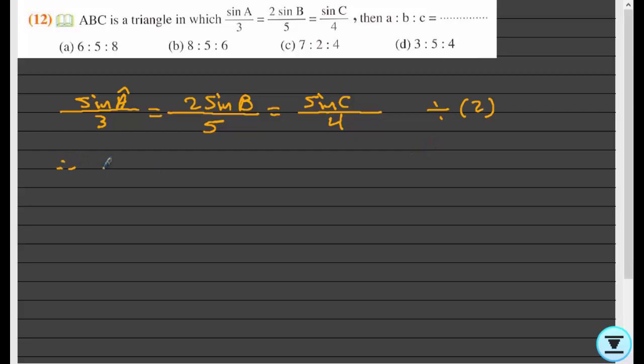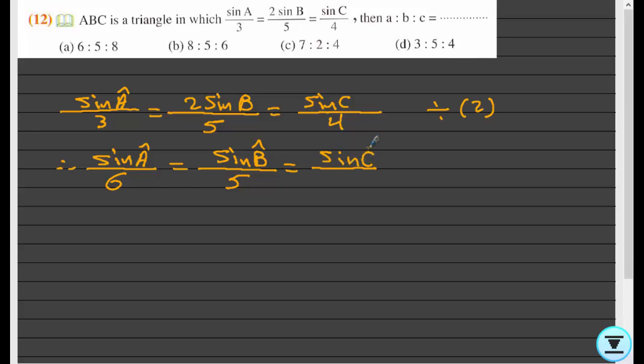So we will get sine A over 6 equals sine B over 5 equals sine C over 8.